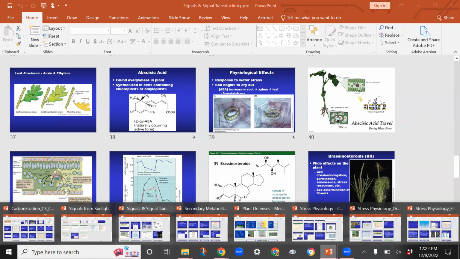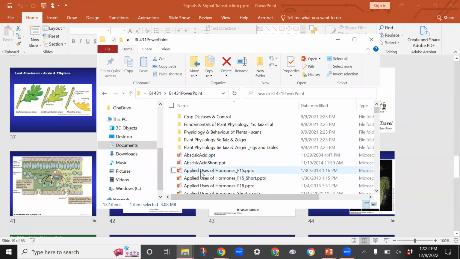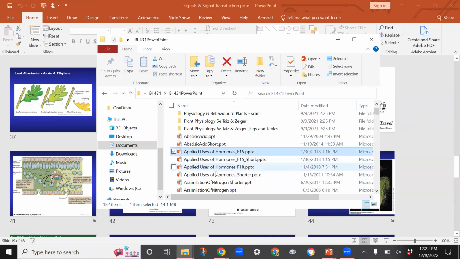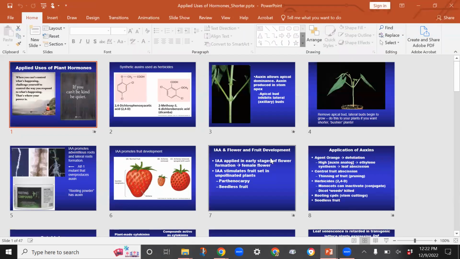The next slide set does have, oh, where'd it go? Applied uses of hormones. No, I didn't put that specifically on there. I'm going to have to amend the outline because the applied uses of the hormones does have complementary information on the hormones, of course.